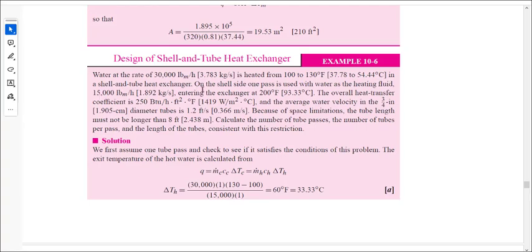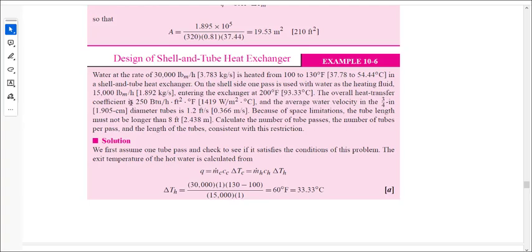On the shell side, one pass is used with water as the heating fluid, and the mass flow rate of that would be 1.892 kilogram per second. This fluid enters the exchanger at 93.33 degrees Celsius. So we have the entrance temperature, but we don't have the output temperature of the second fluid. Both fluids in this exchanger are water.